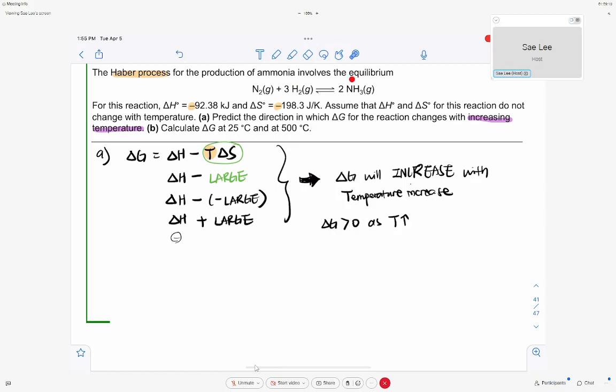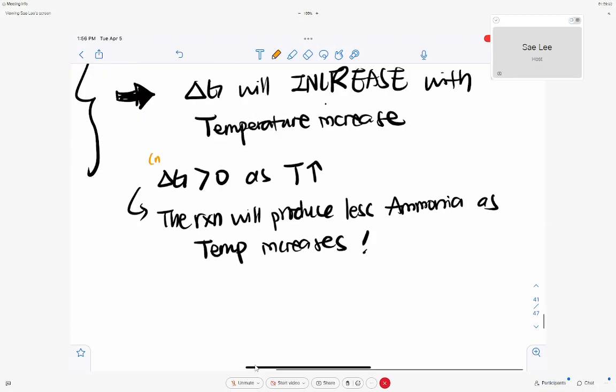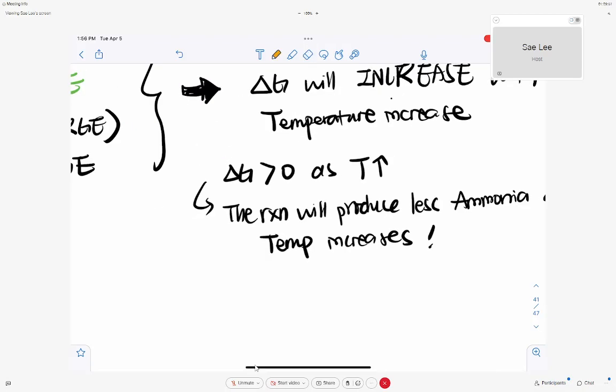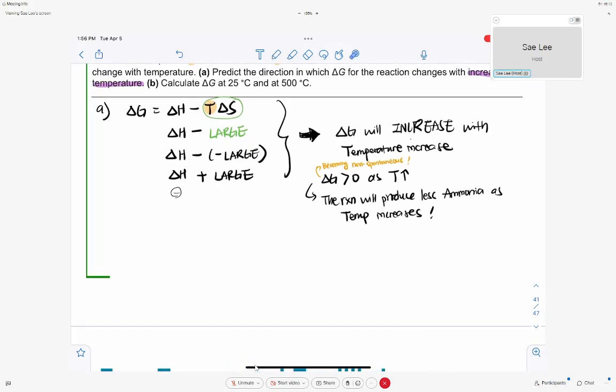That means the reaction will produce less and less ammonia as the temperature increases.